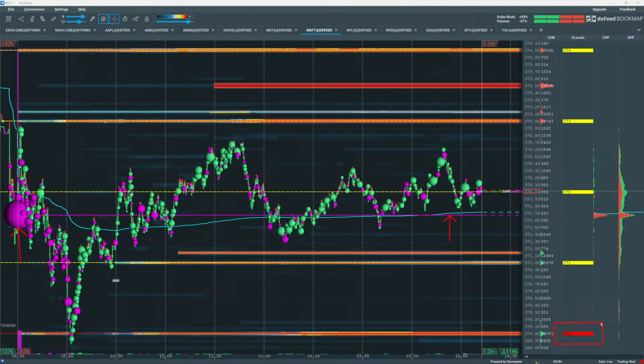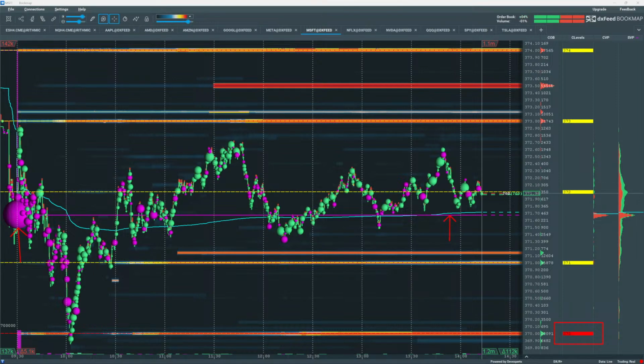And there's the 370 key gamma strike, a very sharp reversal at that level. As traders shifted from negative delta positions to positive delta, started aggressively buying calls and selling puts.